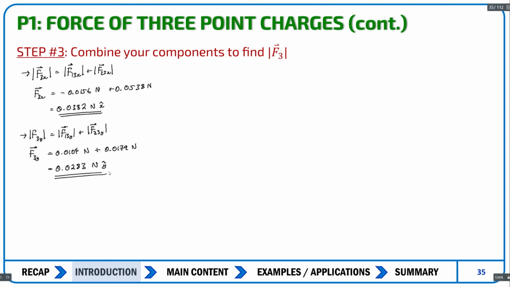Now with both of these, we can figure out F3, but the only way to figure out F3 is if we first draw out these vectors. So together you have, starting from this point, F3x, and then you have F3y.